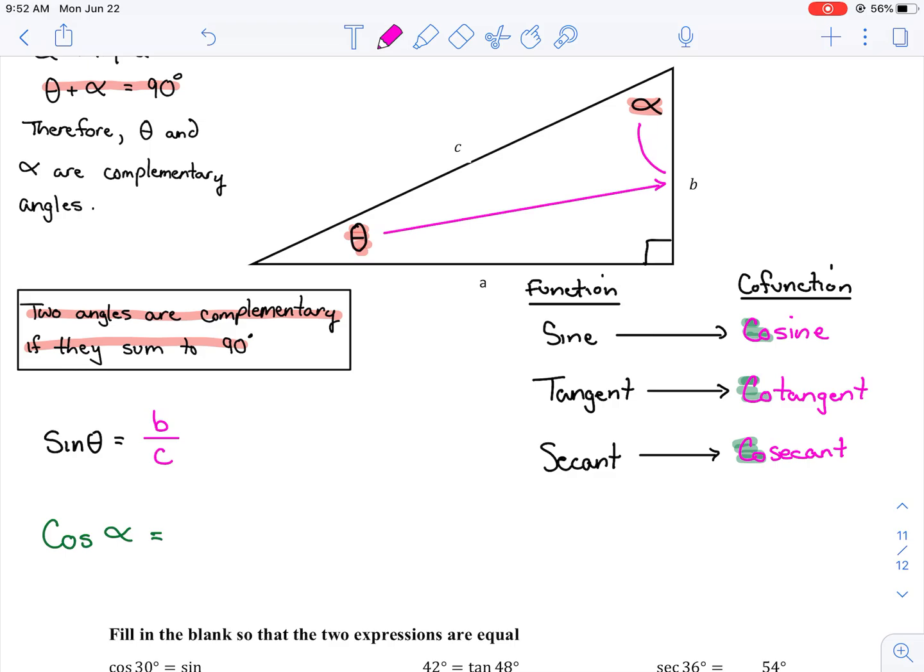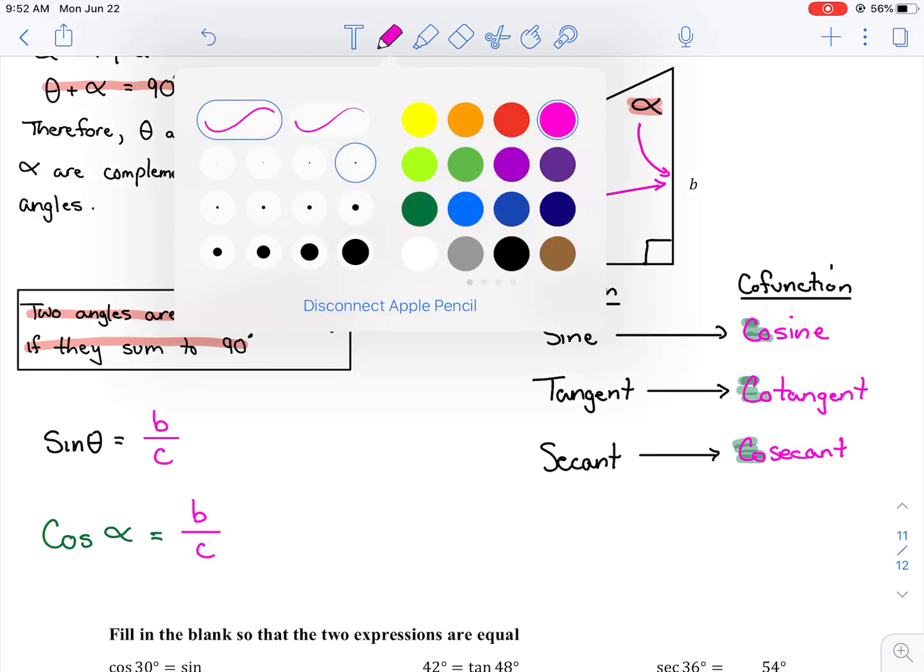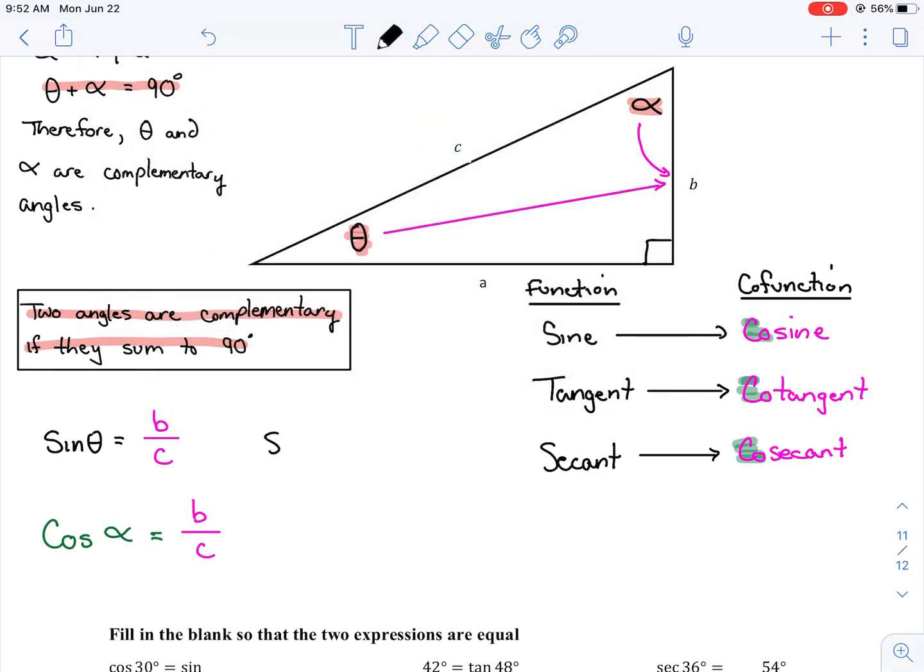So the adjacent side to alpha happens to be b. So that is b. The hypotenuse does not change, that's still c. So notice that the sine of theta is equal to the cosine of alpha. And that is because sine and cosine are cofunctions and theta and alpha are complementary angles.